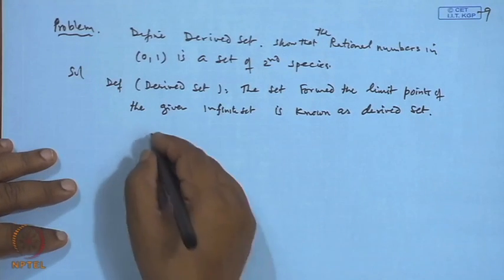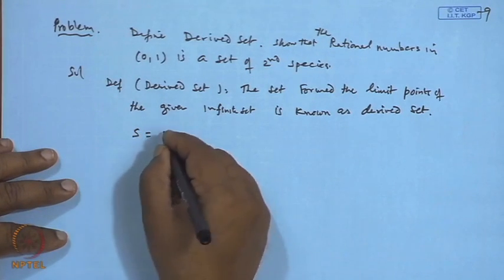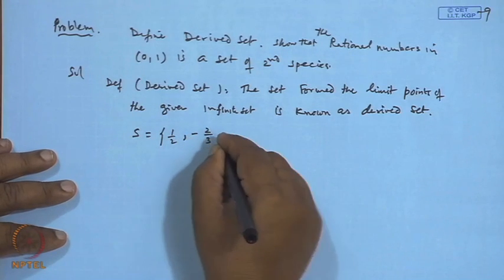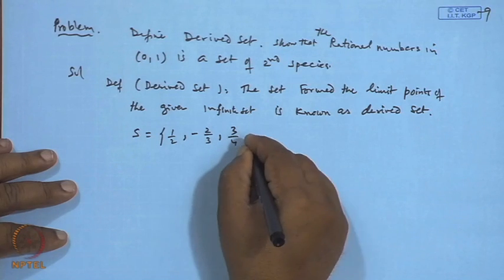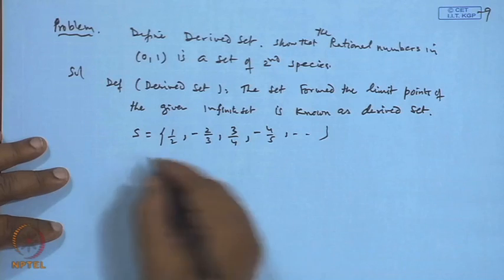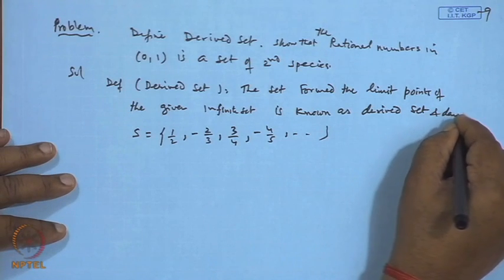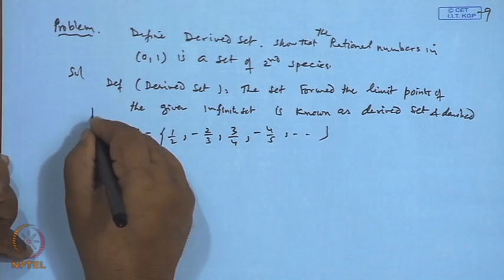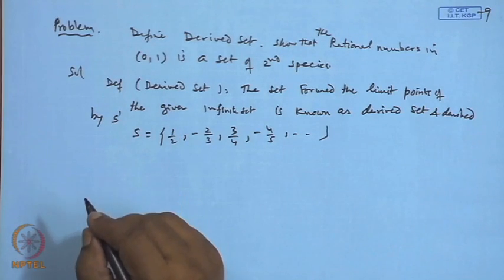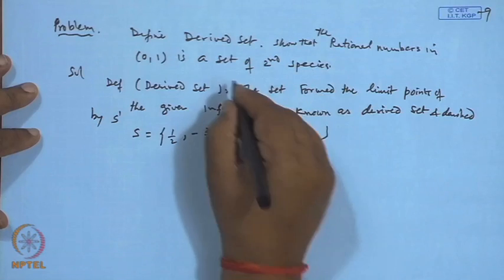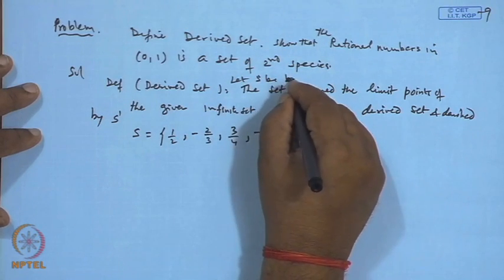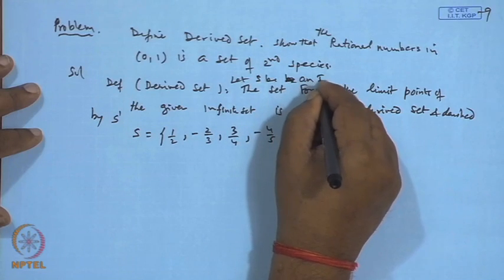Suppose I take the set S having the points 1/2, minus 2/3, 3/4, minus 4/5 and so on. The derived set is denoted by S dash. So, let S be an infinite set of points.